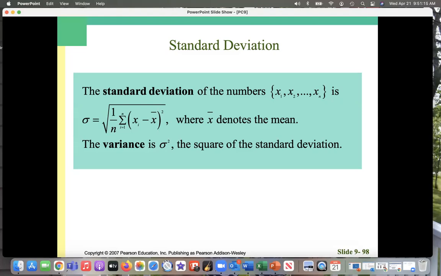I'm just using those data values again. Here's our formula. I'll put the formula up here again in a minute, and I'm maybe going to write it a little bit differently, just so you're aware of that.